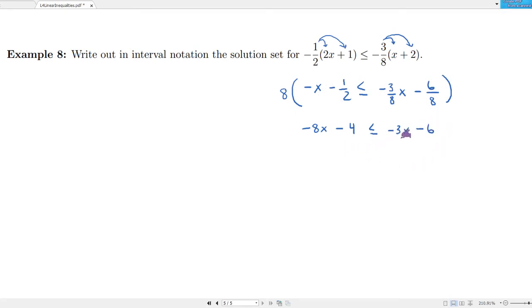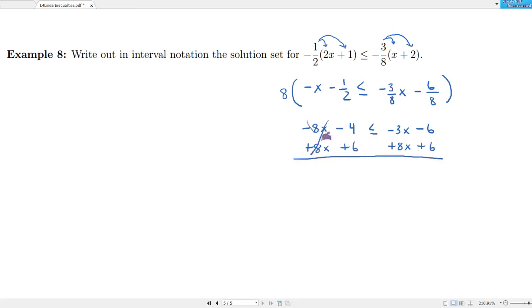Okay, so at this point, we can try to isolate the x. So we'll have to bring the terms with x's to the same side. I mean, it's up to you. Maybe we'll bring the x's to this side. So we'll add 8x to both sides, and then we'll add 6 to both sides.